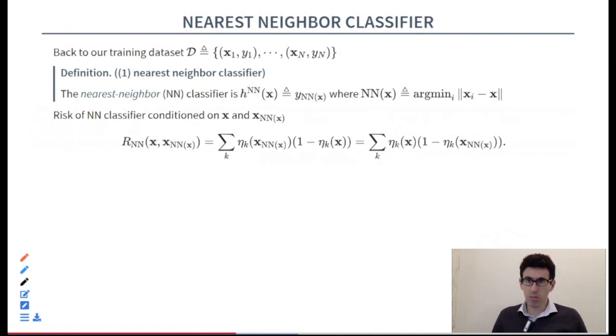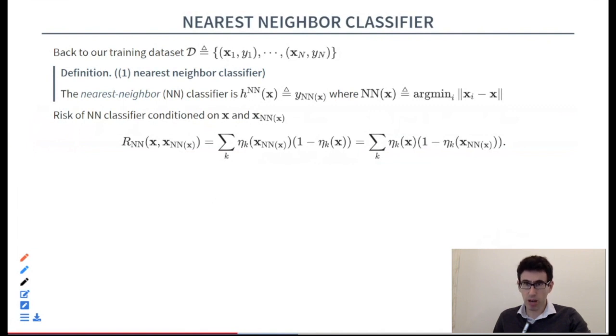And this quantity I'm going to define as RNN for x and x nearest neighbor of x. What is implicit behind that assumption is that I'm giving you a fixed sample realization of the new unseen sample, and XNN of x is fixed because I've given you a specific data set. To compute the true risk, we will have to average with respect to the distribution we use to generate x and the distribution we use to generate the data set.